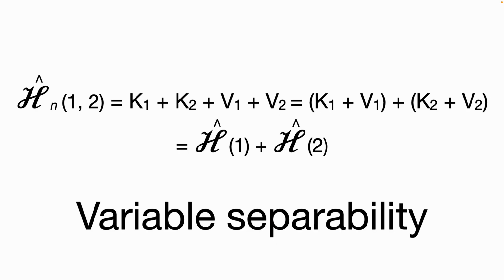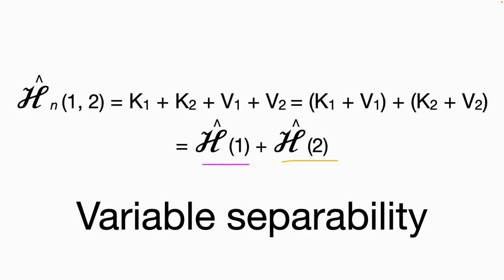Now, when we had a non-interacting Hamiltonian, what we could do is to separate it into two components. And what we were essentially doing is separating the variables.